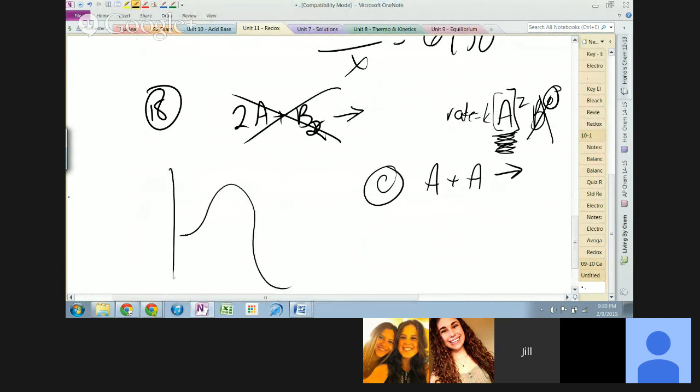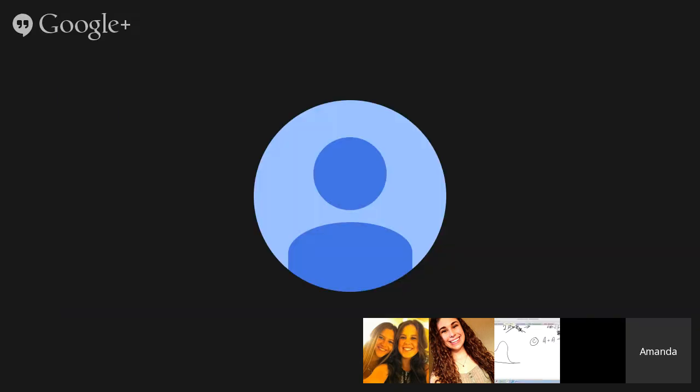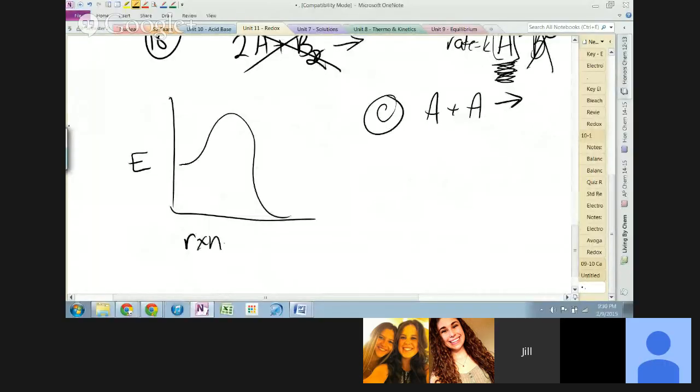If this is your energy diagram, with energy over here and reaction progress here, at a higher temperature you don't change this graph. Increasing the temperature does not change the energy of the reactants, the products, or the activation energy. What it does is make the particles move faster, so when they collide, more of them are likely to have enough energy to overcome this barrier.